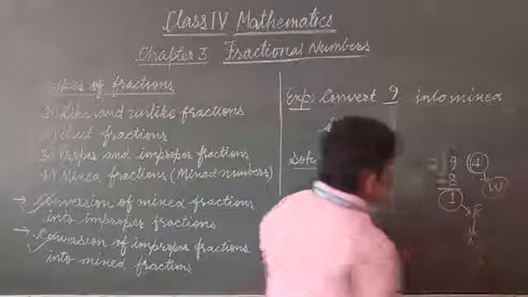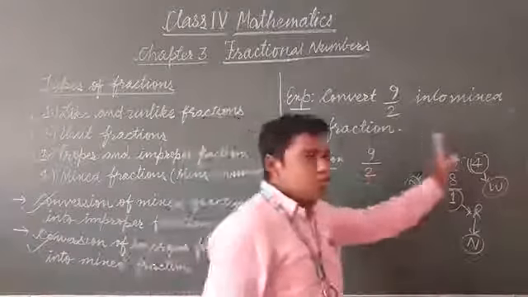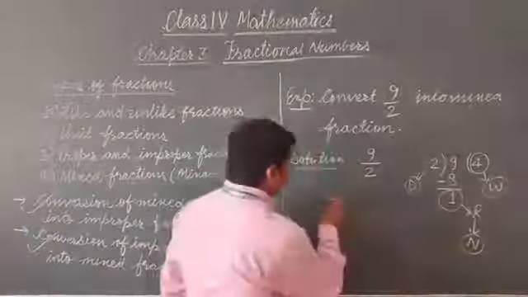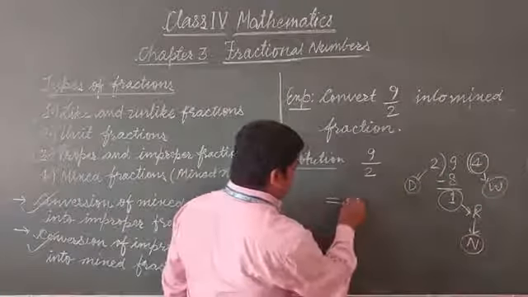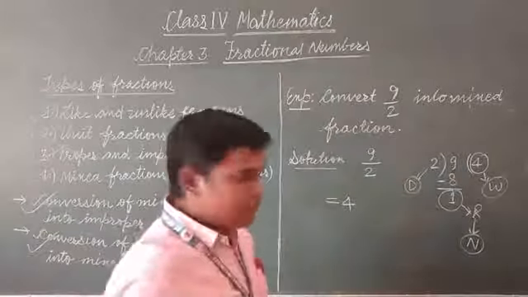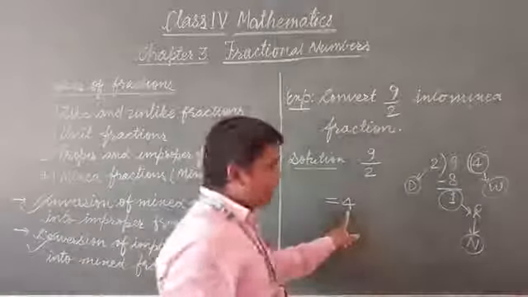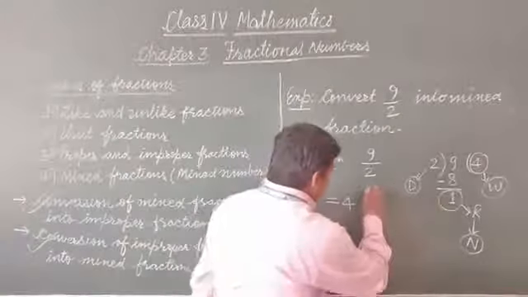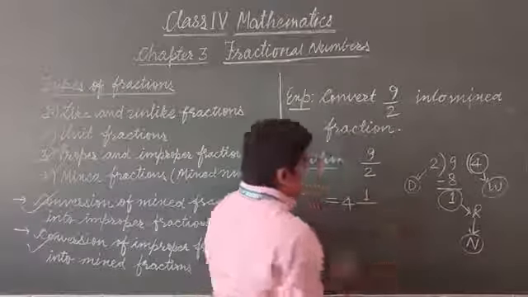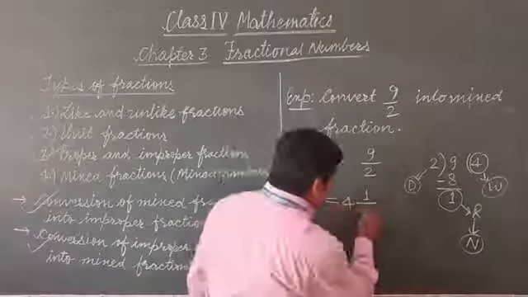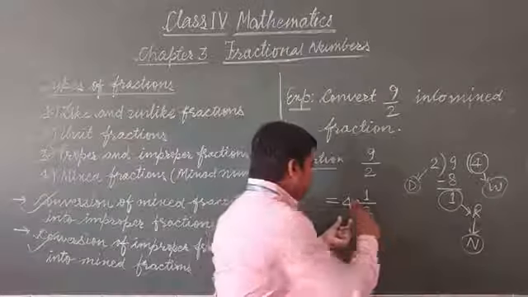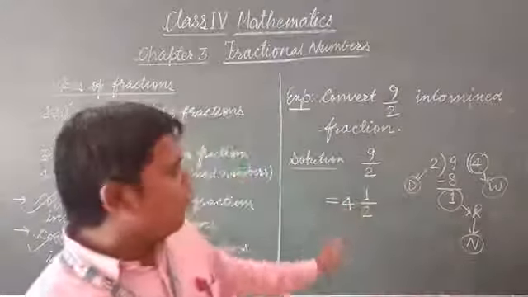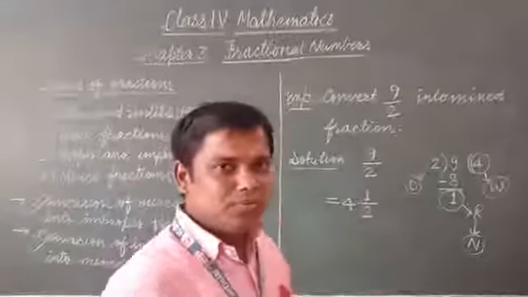So we divide and get 4 as the quotient, which becomes the whole part, and 1 as the remainder, which becomes the numerator, and this 2 will become the denominator. So 9 by 2 is converted into a mixed fraction and it comes to 4 whole 1 by 2.